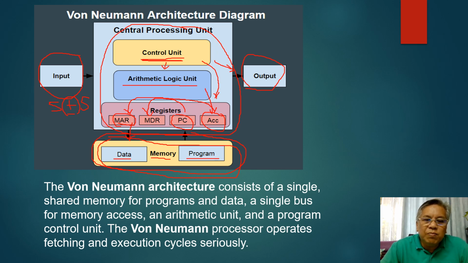And we know that memory contains billions and billions of registers. For example, if your memory is an 8 gig random access memory, that means that it can store 8 billion characters. And we also need 8 billion registers to store those 8 billion characters.